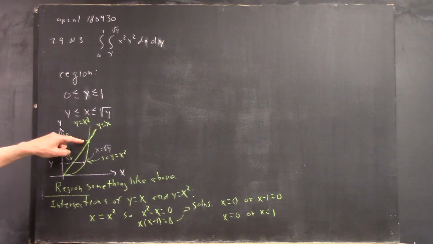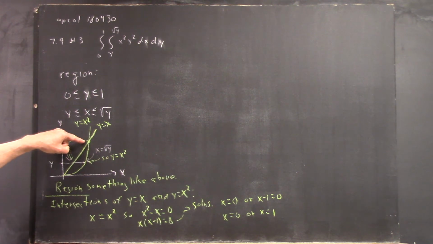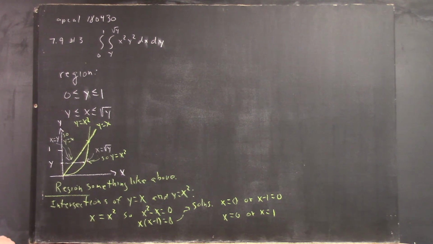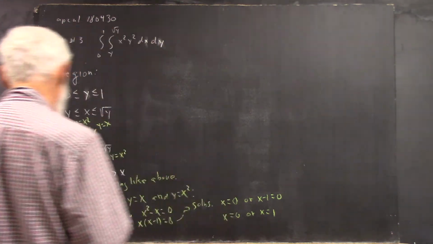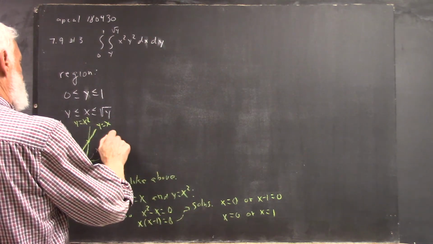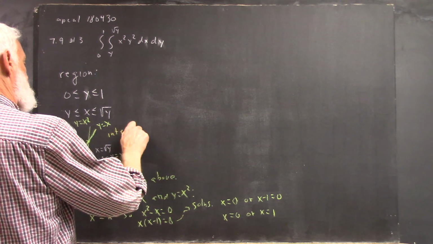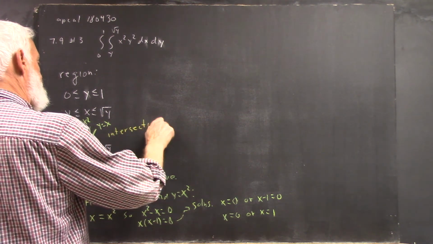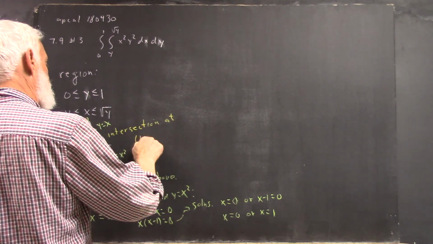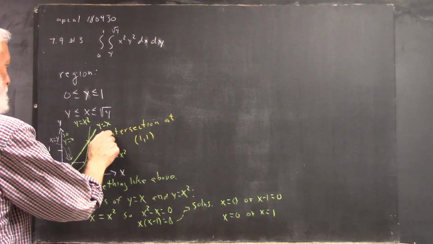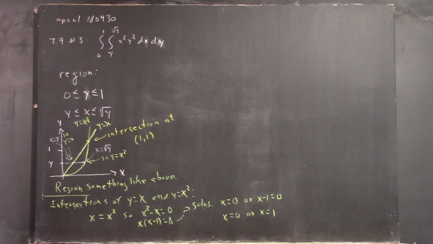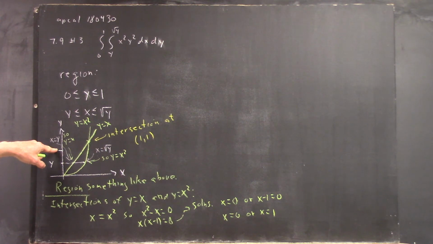Well, that means that this point of intersection should be the point 1, 1, right? So we have an intersection at 1, 1. But of course, when I labeled this graph, I put 1 here. Okay? And I probably shouldn't have done that. So I have two choices.